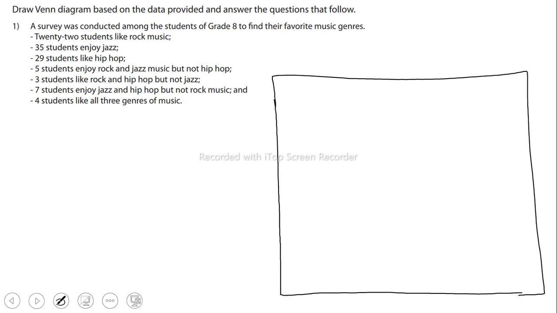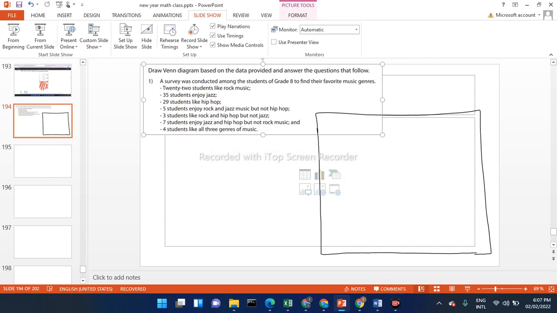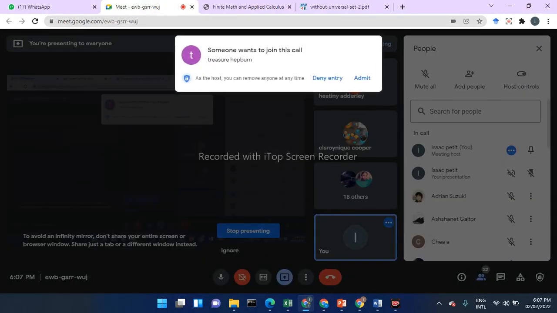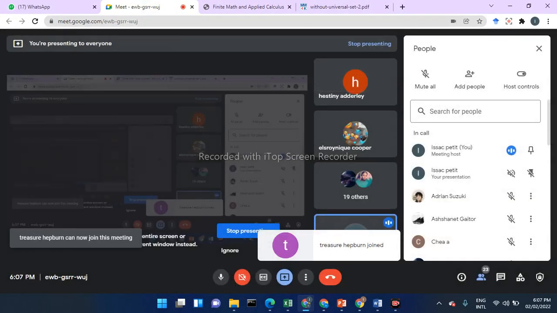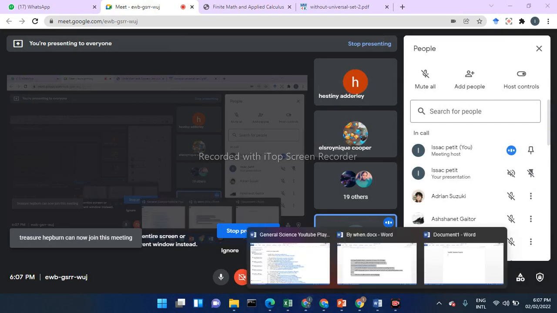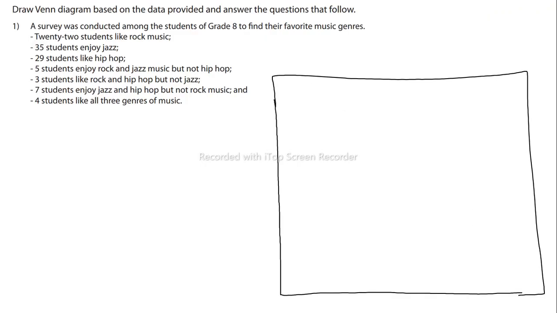But these ones are still important for you, because it's helping you to read the information, and from that information gather what you need to construct a set, or to draw the Venn diagrams.